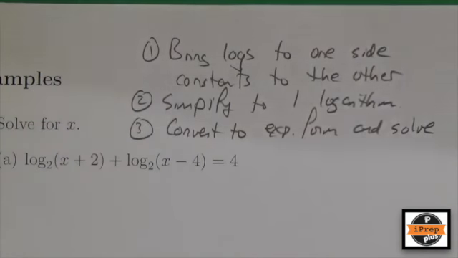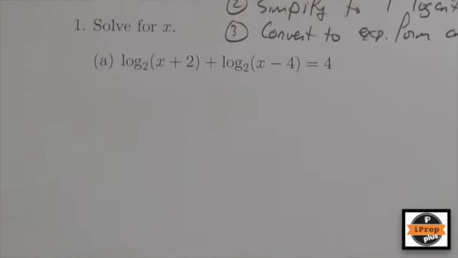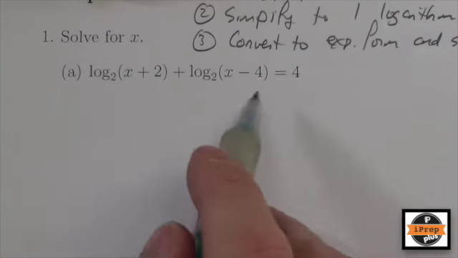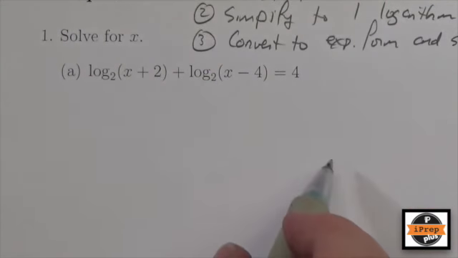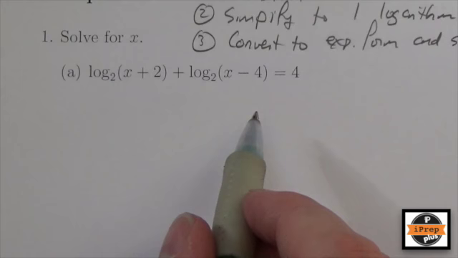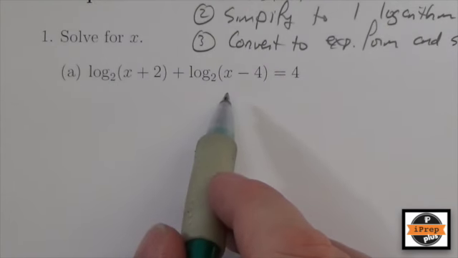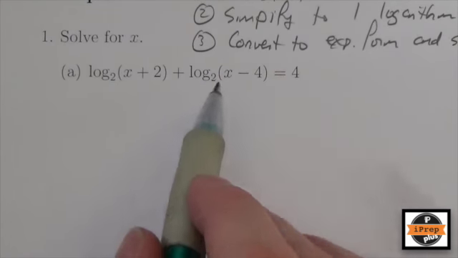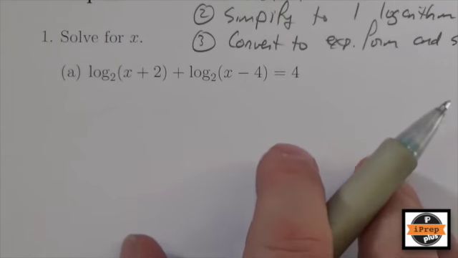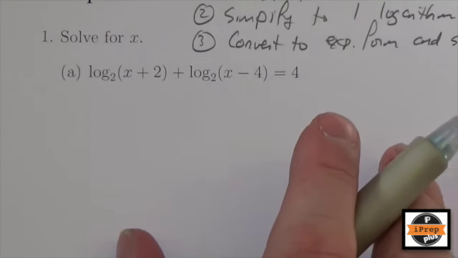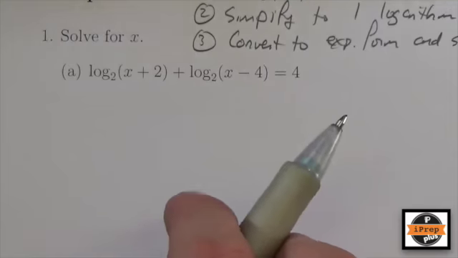Now, I'm going to model that with all of these problems here. So the first thing that I want to do here is bring all the logarithms to one side. Okay, that's done. Now, what I'm going to do is simplify this to one logarithm. I really have to emphasize that as a rule, when you are solving logarithmic equations, the number of logarithms should decrease, not increase.